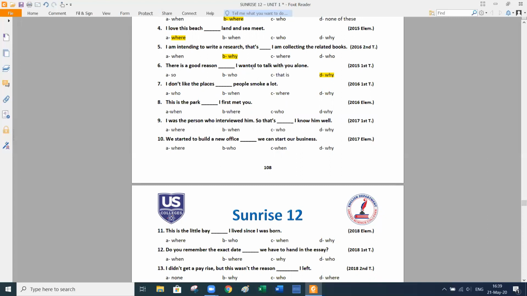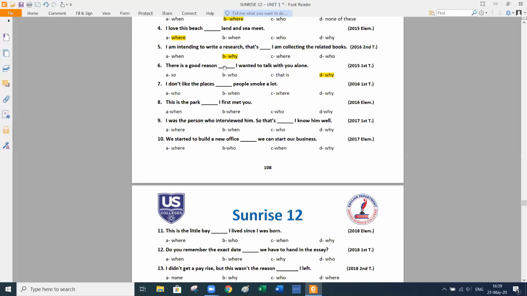So, I wanted: I is the subject, wanted is the verb. I wanted to talk with you alone. So the thing that comes here cannot be the object, because I wanted to talk with you alone doesn't need an object. This verb here, I wanted to talk with you, doesn't need an object.